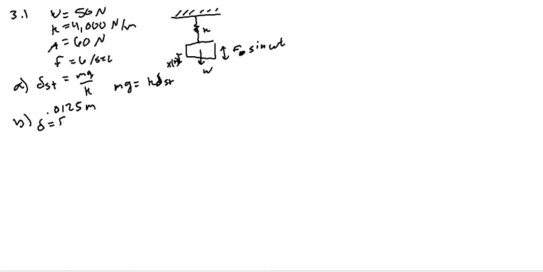Alright, so this is F naught divided by K because kind of the definition of a spring is that the force created by the spring is equal to K times the deflection.